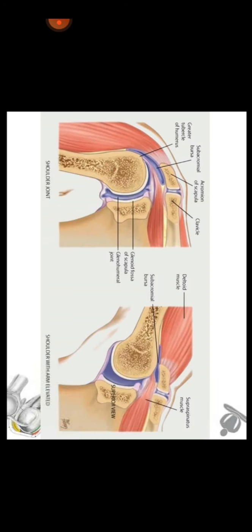Tenderness is there at that particular area. Pain occurs when the arm is actively abducted between 90 degrees to 120 degrees. Impingement sign may be present, and atrophy of muscle may be there after a few weeks.